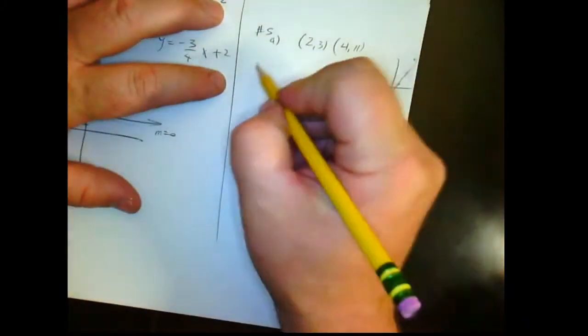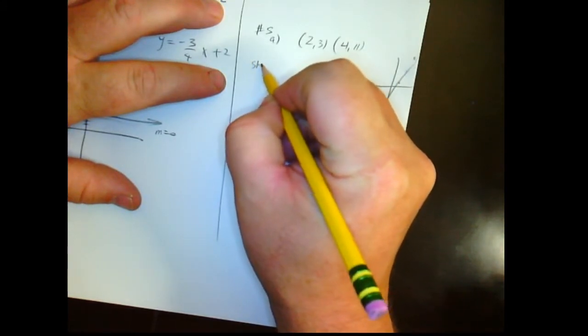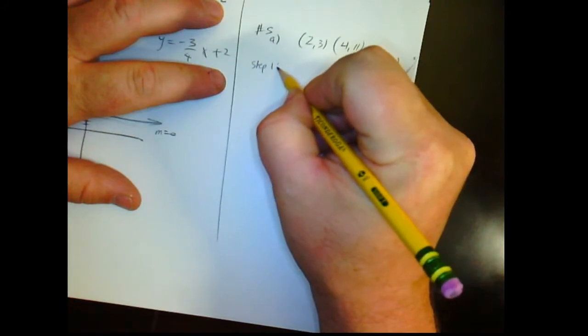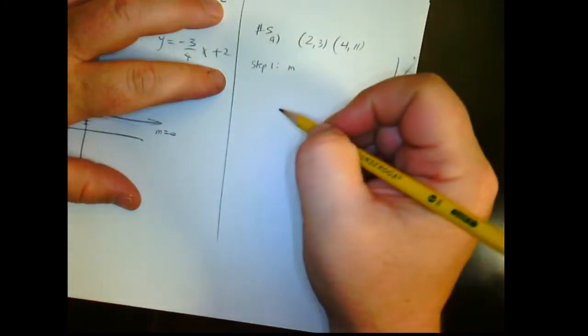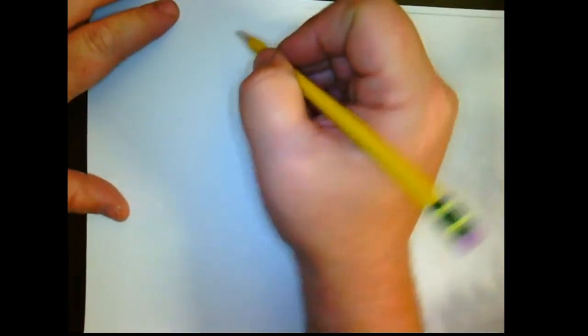What we're gonna do for step 1 is find the slope, and then we're gonna use y equals mx plus b to find the y-intercept. I'm actually going to do this on a separate piece of paper so we can take a look at this carefully.